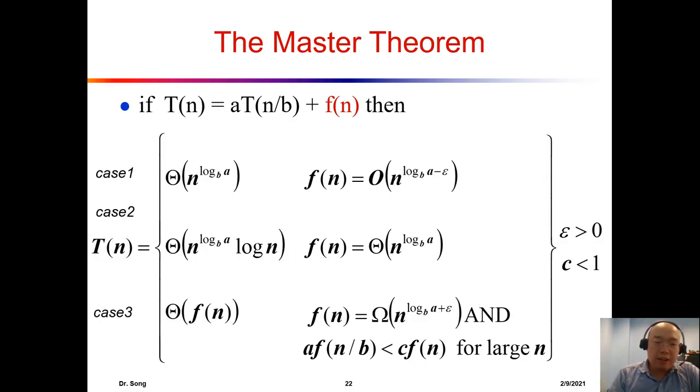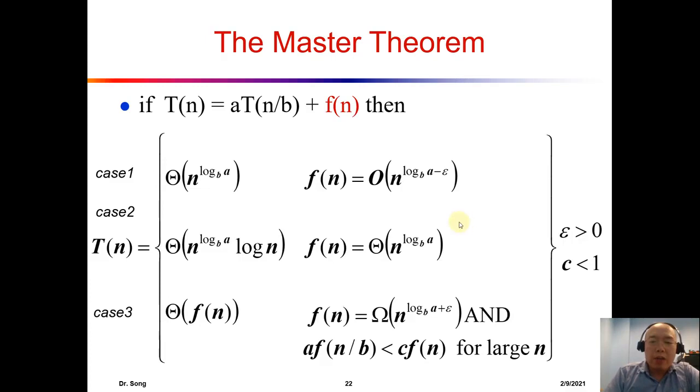And that is, there are three cases: case 1, case 2, and case 3. For case 1, if we can prove that f(n) is O(n to the log_b a minus epsilon). What does that mean? The epsilon here is a small positive value.